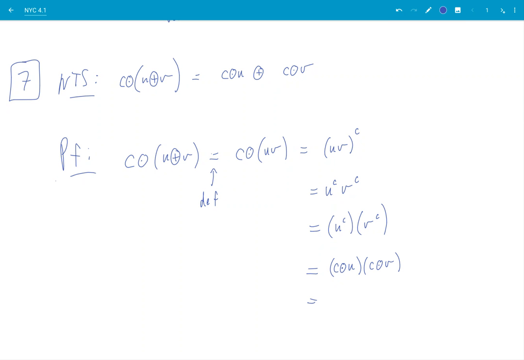Let me just finish this and then I'll come back and justify every equal sign. This product right here is the product of real numbers. So that becomes my plus sign, oddly enough. There we go. And that's what I wanted to get up here.